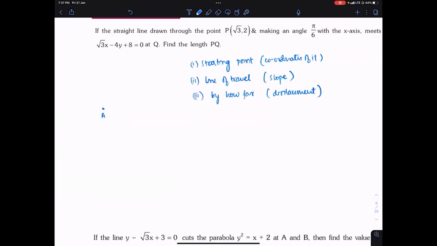These are the three terms which we will be using in parametric form.